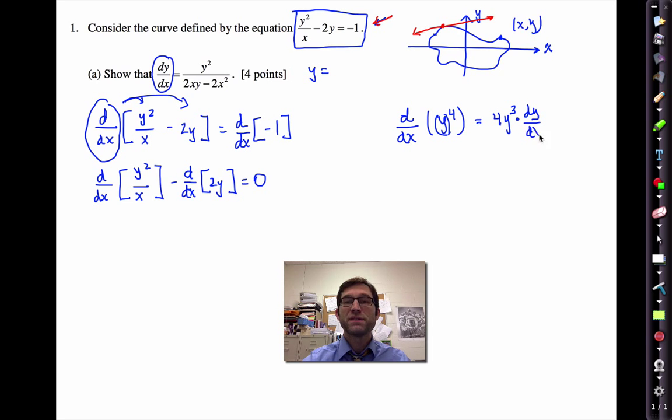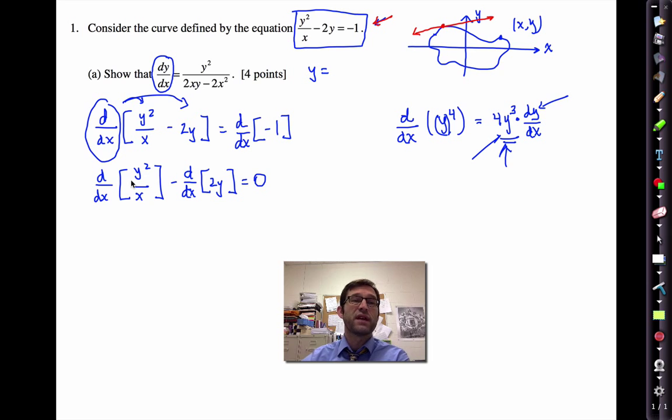Now the derivative of what's inside is literally what we are trying to solve for. It is dy dx. It is y prime. If you don't understand that from the concept of the chain rule, then at least do this: if it has a y in it, take the derivative the way you always would, and then multiply by dy dx or y prime.